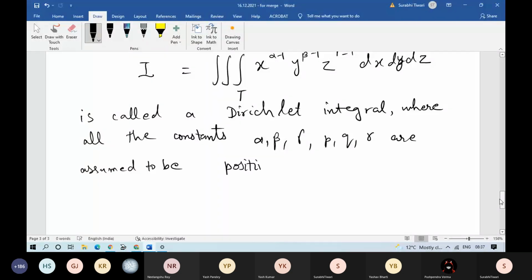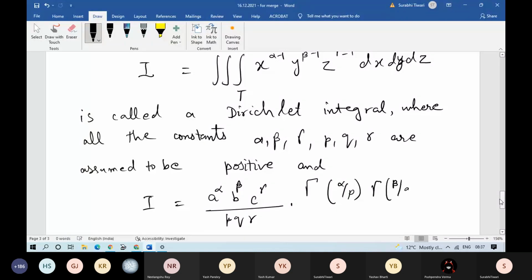And I is equal to a ki power alpha, b ki power beta, c ki power gamma upon p, q, r into gamma function of alpha by p, gamma function of beta by q. This is the value of the integral. You can directly find by this formula.